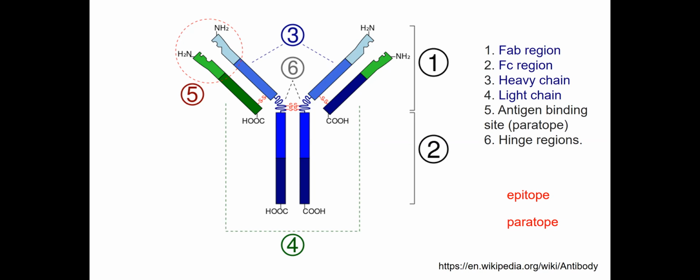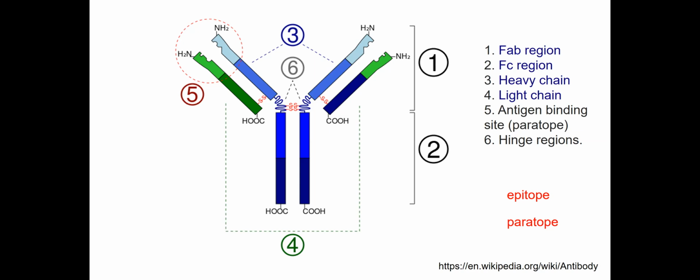Because for only one antigen, there should be only one paratope, but the rest of the antibody could be many. Can you make the answer using epitope rather than paratope? I mean, one antigen can have more than one epitope.